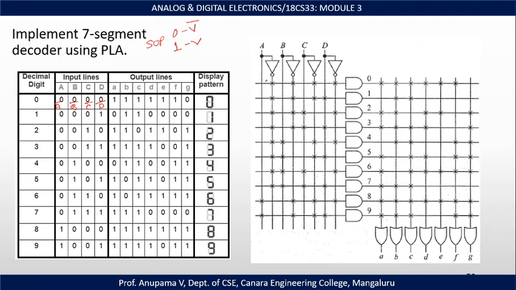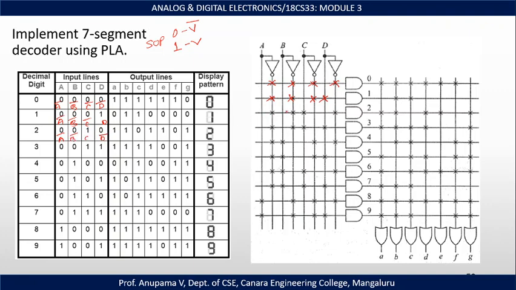Hence, at the input side we draw X mark against A bar, B bar, C bar and D bar. So the next entry for the input is 0001, which is equivalent to A bar, B bar, C bar, D. Hence I draw X mark against A bar, B bar, C bar, D. So the next entry is 0010, which is equivalent to A bar, B bar, C, D bar.